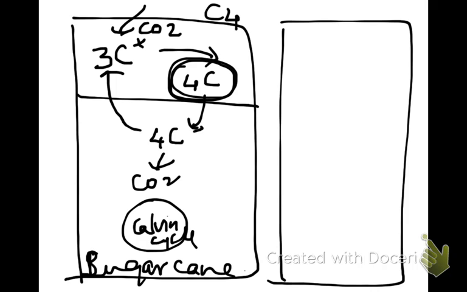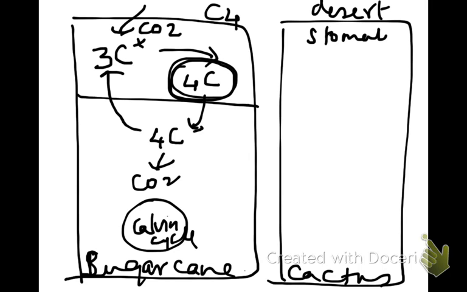On the other hand, I have another situation wherein cactus. What does a cactus do? You all know cactus lives in a desert, okay? And there is no way stomata can open in the daytime. So the stomata opens only in the night.